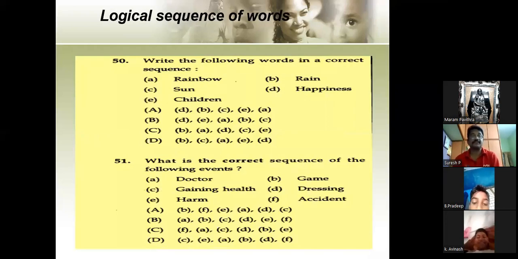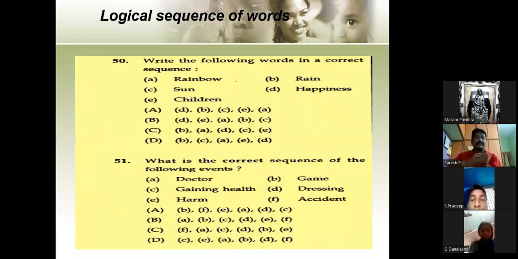Now coming to the next one. Write the following words in a sequential order. This is very, very important. You have to arrange the sequential order. Rainbow, rain, sun, happiness, children. Correct? So here you have to identify the order.